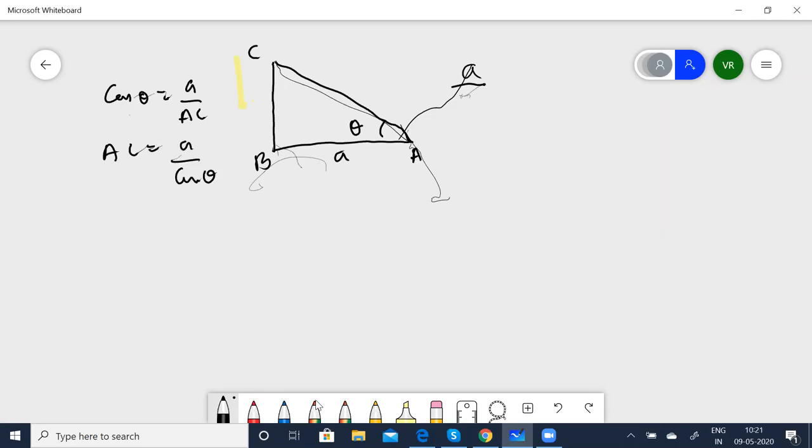Now the body travels along AC. The component of G along AC is going to be G sin theta. Now quickly let us use the formula.